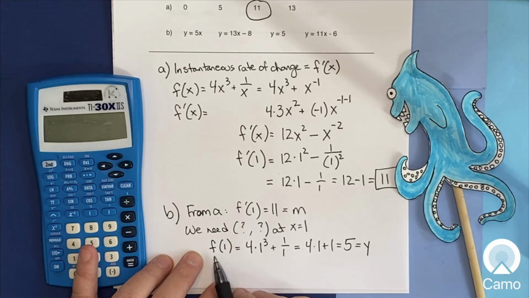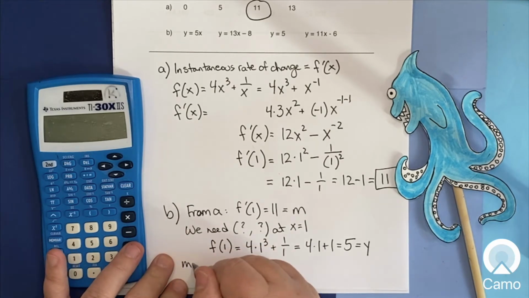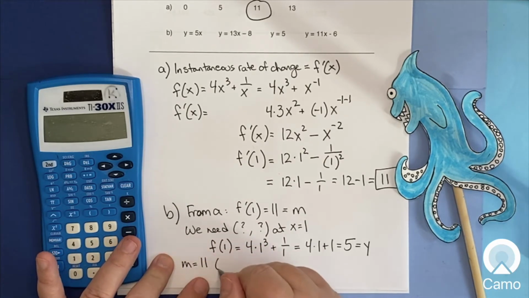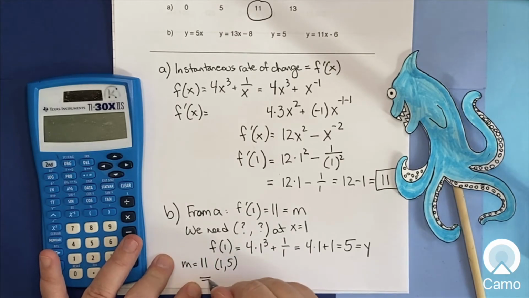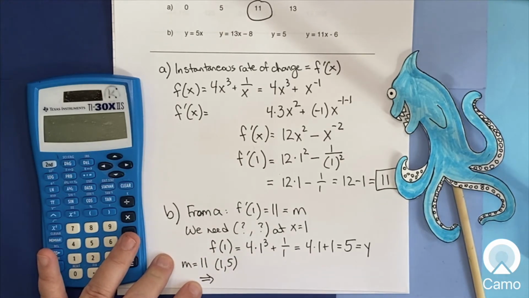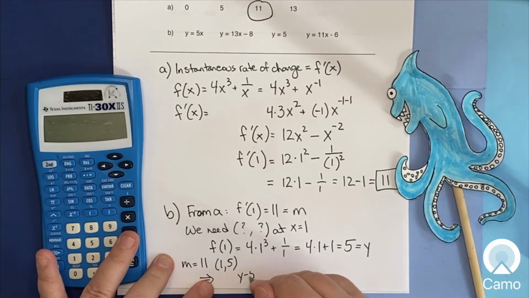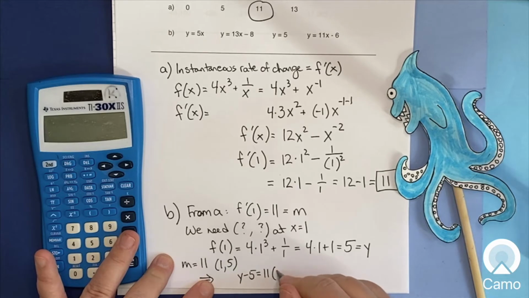Notice that the function itself gives you y. The derivative gives you the slope. Okay, so I know that my slope is 11 and my point is (1, 5). I'm going to go ahead and use point slope, I think. Y minus 5 equals 11 times x minus 1.